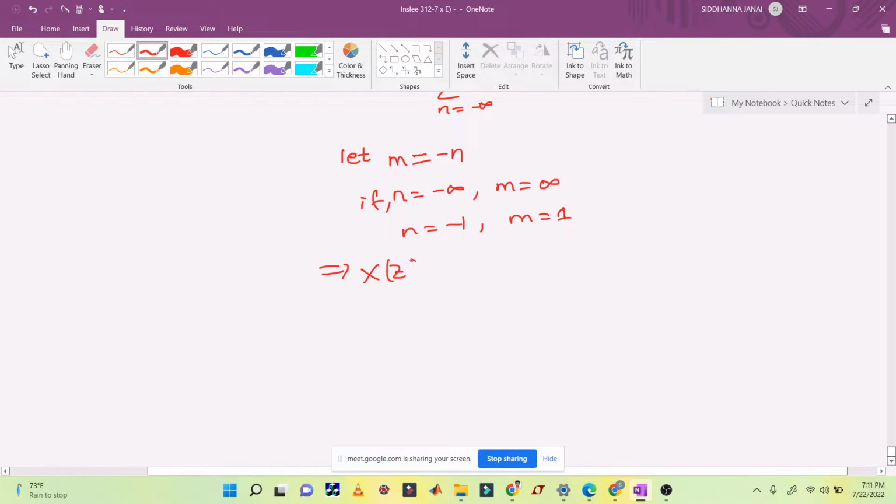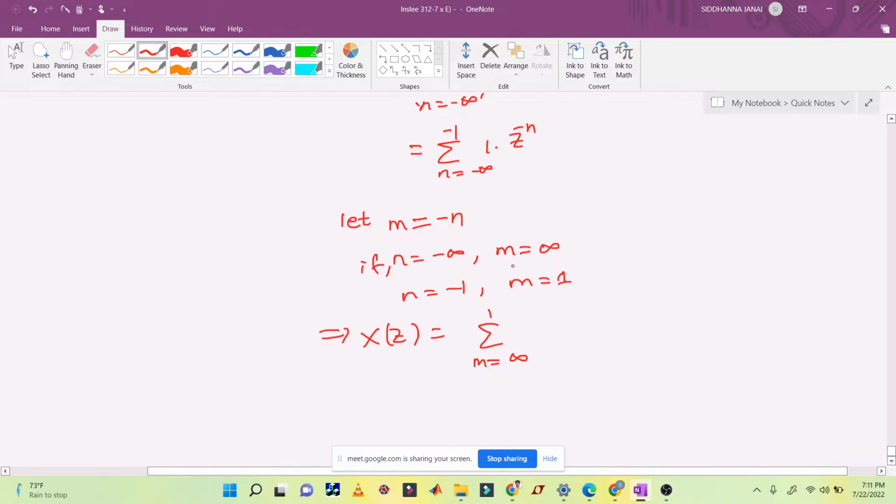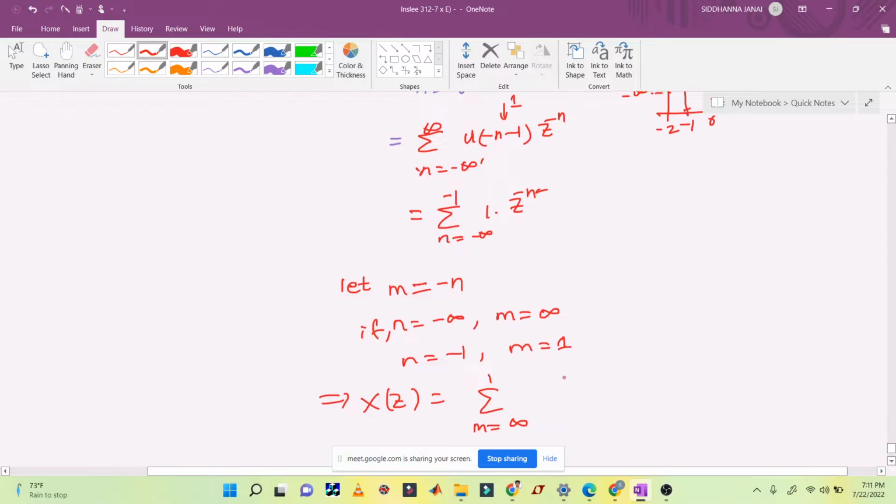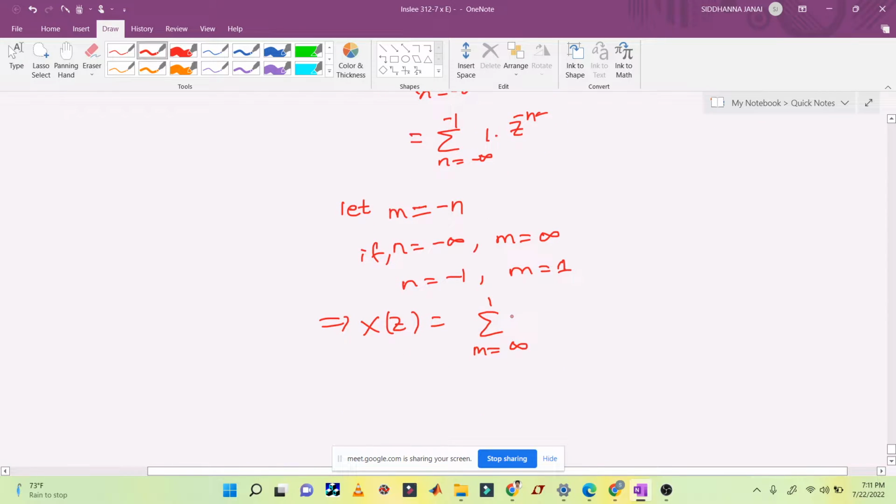This implies that x of z is equal to summation m is equal to infinity to 1 of z power m. Minus n I have to replace with plus m, so it will be z power m.